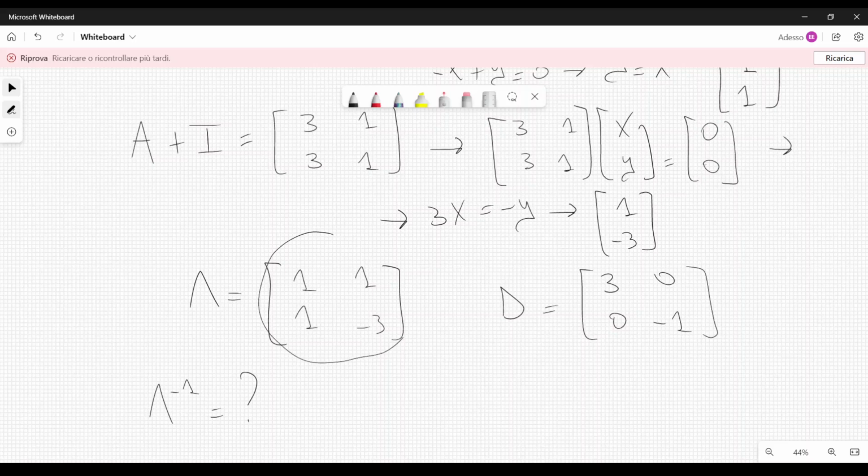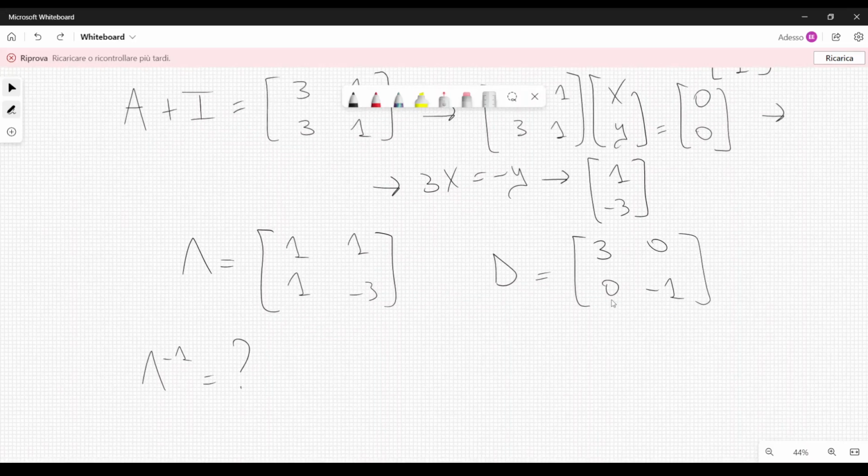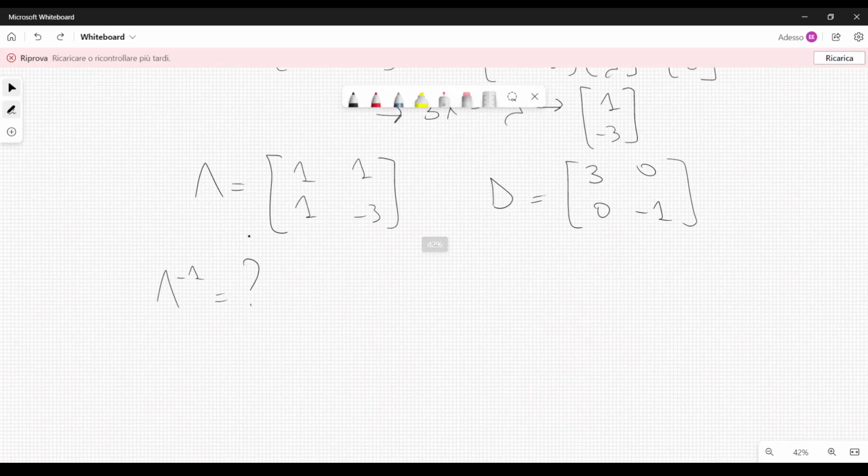We start from this matrix here, and there are different ways to calculate the inverse. I'm going to use one very well-known algorithm, which does something like this. So we start from this matrix, and we start from this element, and we cancel this first column and this first row.